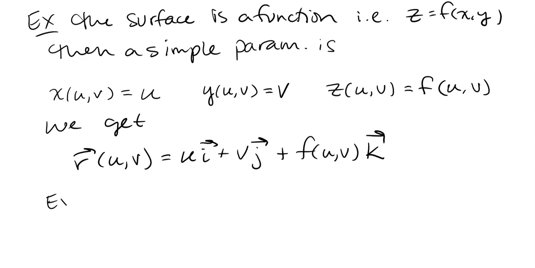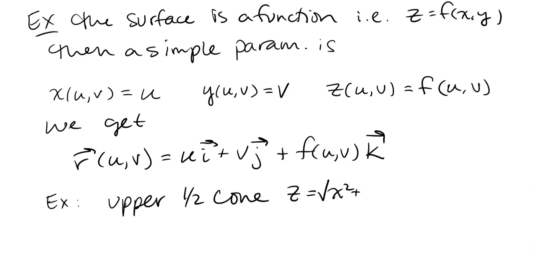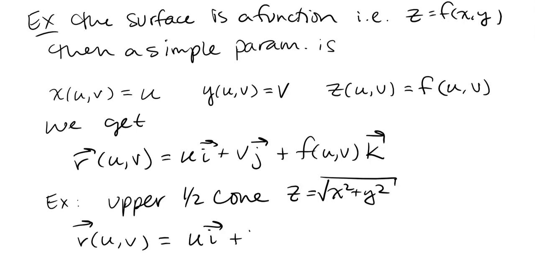So a specific example is if we have the upper half cone, z equals the square root of x squared plus y squared, then we could just say let r of u v equal u i plus v j plus the square root of u squared plus v squared k.